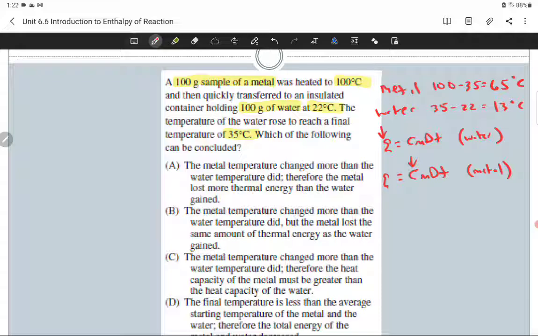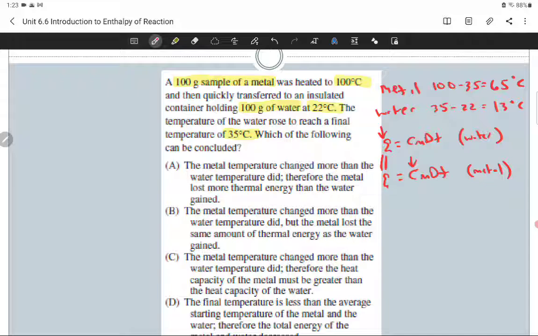So how and why you're doing this? Because energy cannot be created nor destroyed, it gets transferred. So all of the energy that the water gains, it gets from the metal. So if you know the heat of the water, you know the heat of the metal. If you know the heat of the metal, you know the heat of the water.